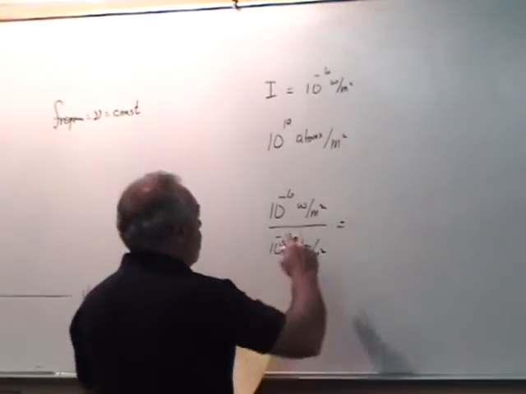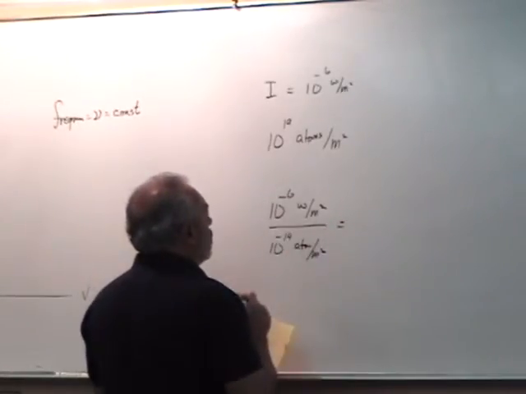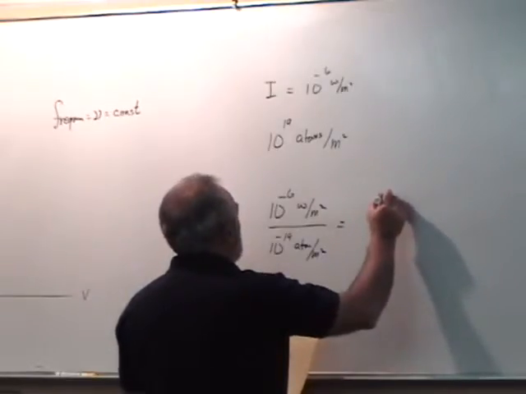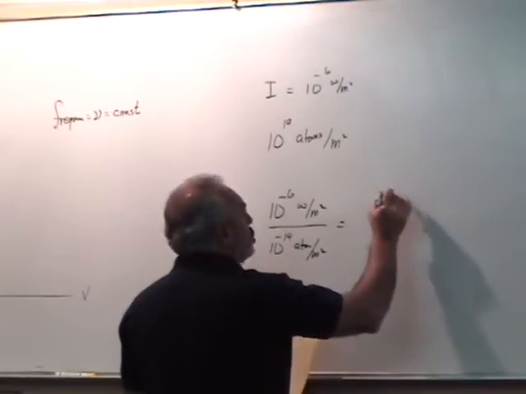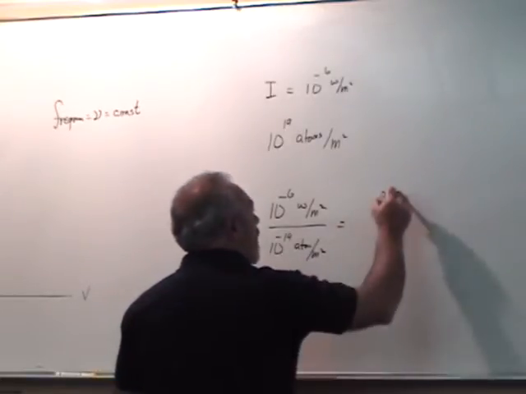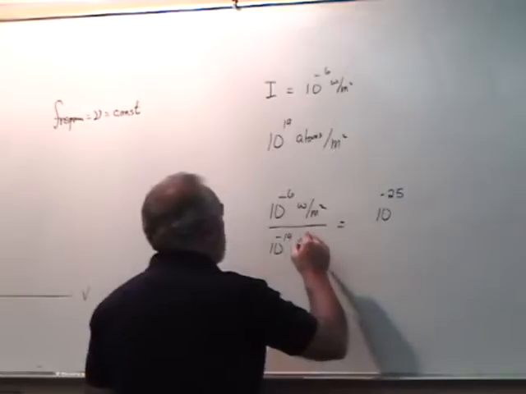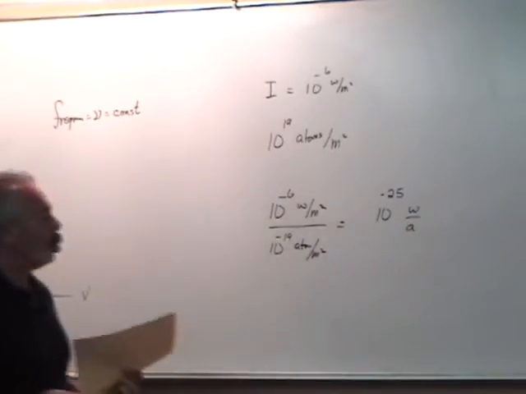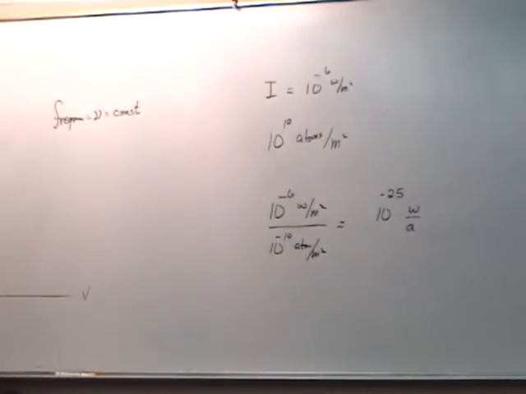And so we end up with, when we flip this thing over, 10 to the minus 25, and then we end up in watts per atom. So here's the rate at which each atom is absorbing energy.